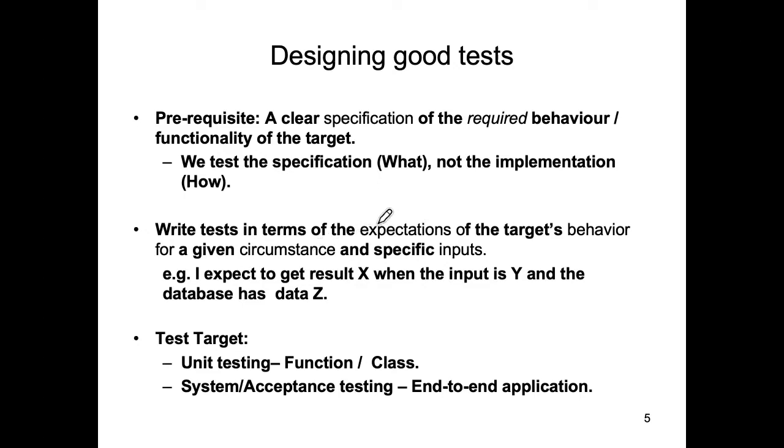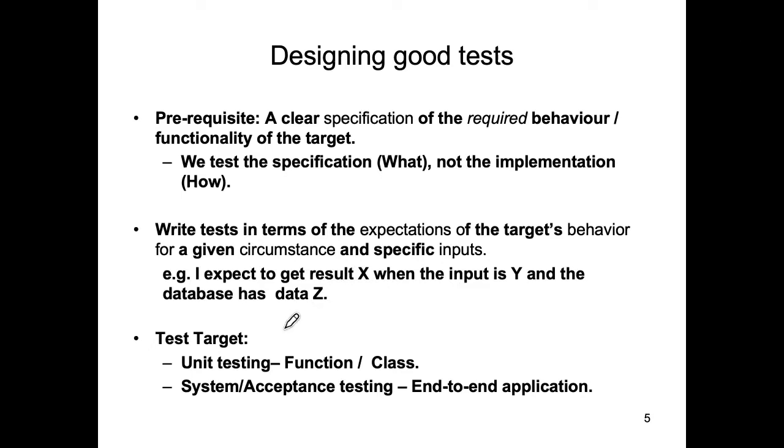So it's this idea of expectations. If it's a method of a class, then it might be I expect the method to return a particular result when I provide certain parameters to it, and when the state of the target object is whatever it should be. And that's kind of what I'm expressing there.